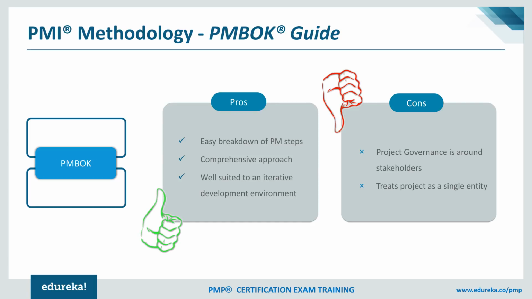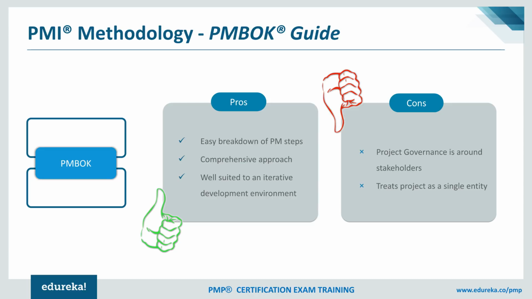The advantage with PMBOK is easy breakdown of project management steps. I would be able to apply the PMBOK guide and easily break down the project management into various phases, then phases into activities, activities into tasks. I'll be able to create the work breakdown structure, etc. So those are the advantages because it's very nicely covered. It's a comprehensive approach.